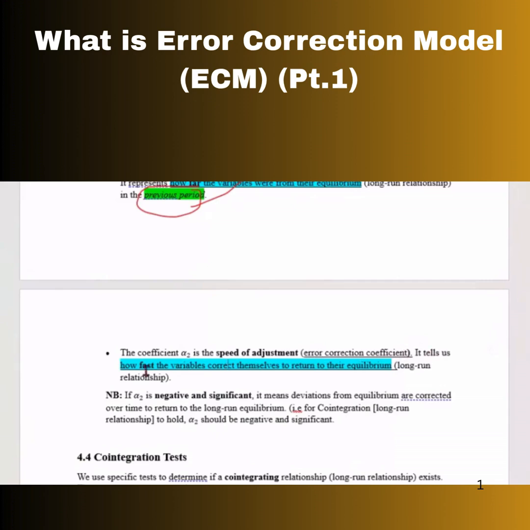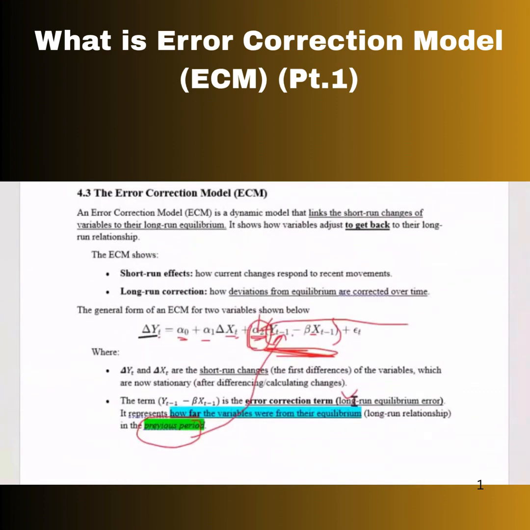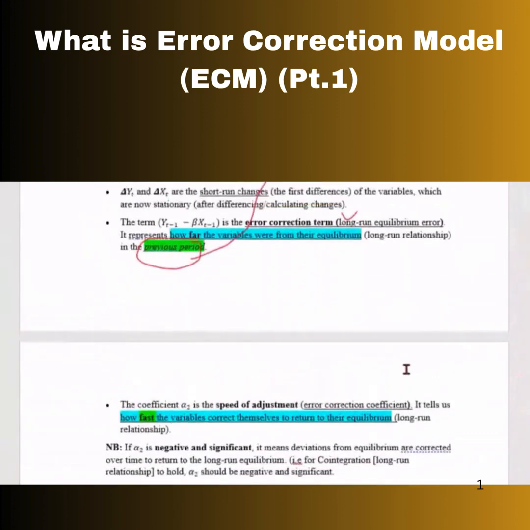It tells us how fast, the keyword here is how fast, the variables correct themselves to return to their equilibrium. Yeah. So in the previous period, this tells us how these small fluctuations are correcting themselves back so that they can conform to the long-run equilibrium.